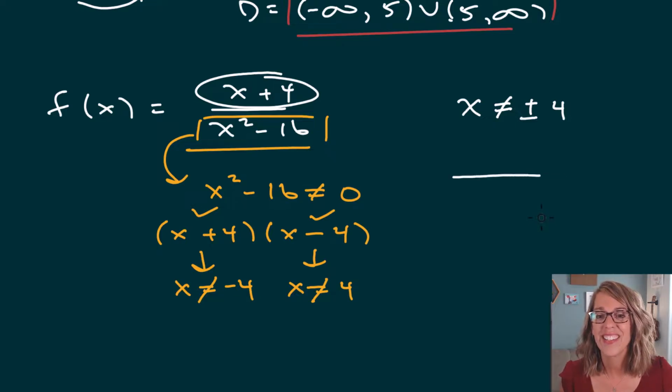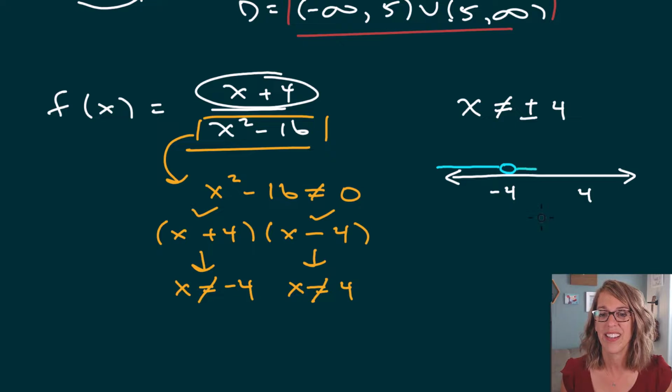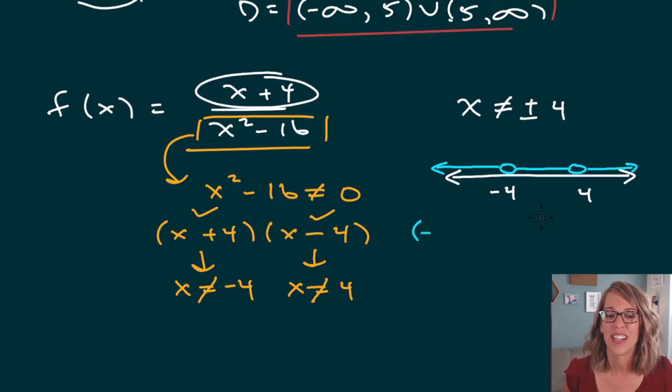So what does this look like as an interval? Well, I know that I need to leave out negative 4 and positive 4. So I need to start at negative infinity, go up to negative 4 but skip it, then continue on, skip 4, and continue on. So as I write this as an interval, it's going to be negative infinity to negative 4.